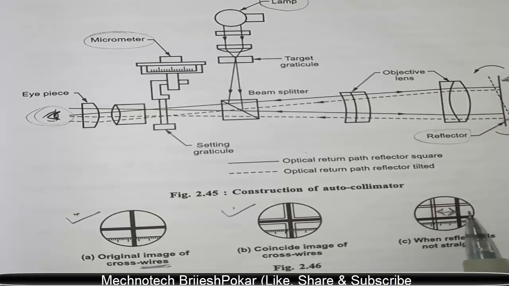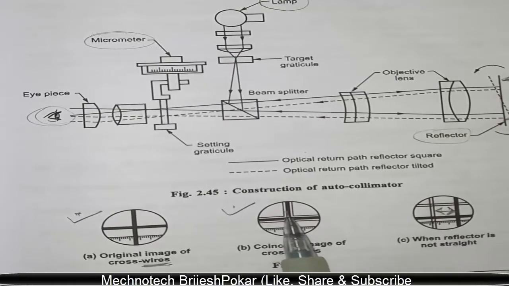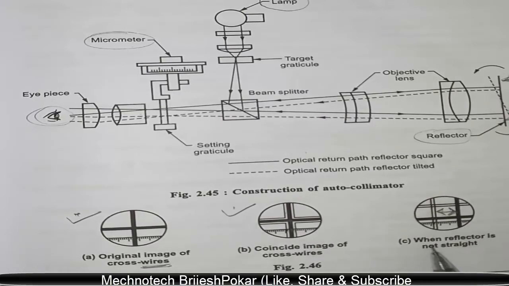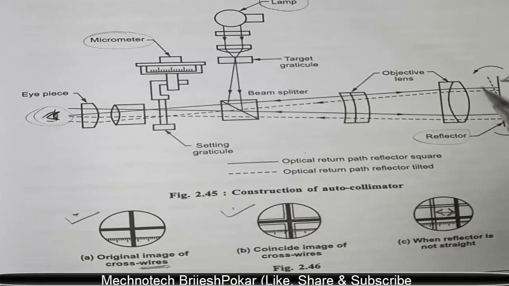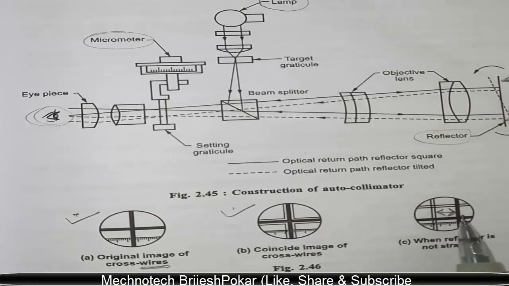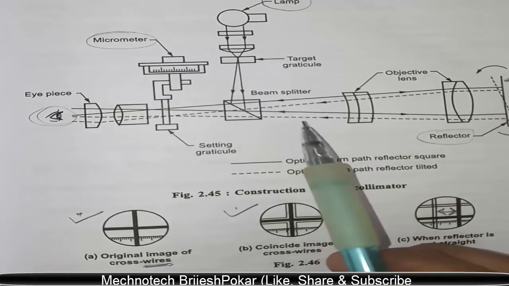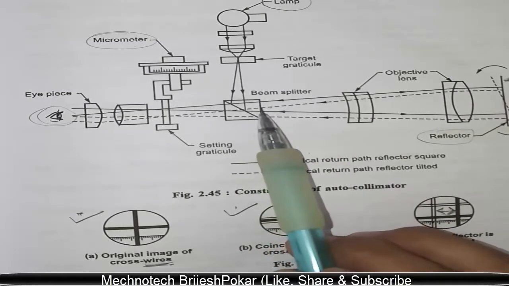Here you can see it is exactly coincident, and here it is not exactly coincident. When the reflector is not straight, the reading is like this. By this way the autocollimator works for angle measurement.